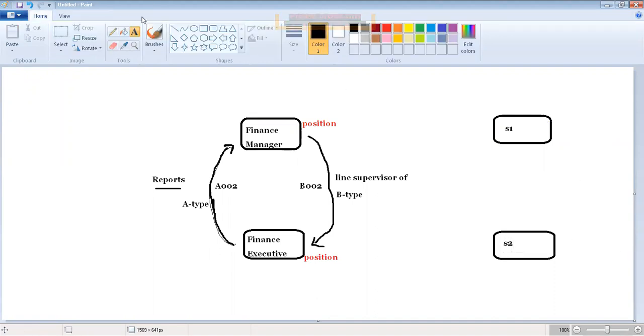Now, this relationship, for example, you are creating this relationship. For example, you have created this relation, meaning S2 is reporting to S1.